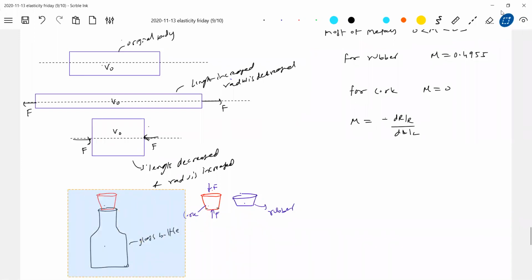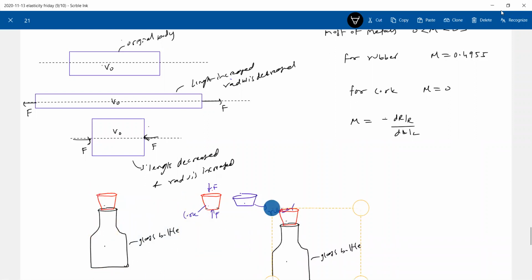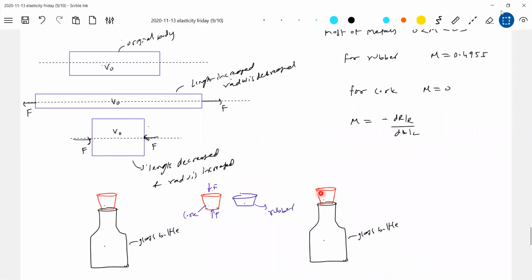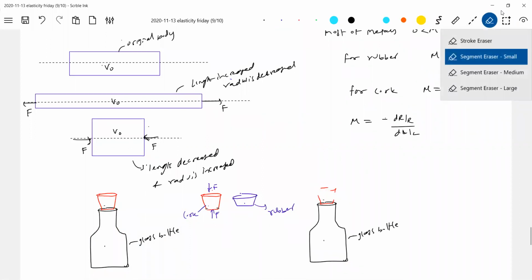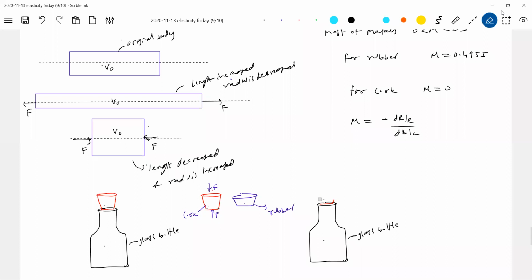I'll bring another diagram. This is a rubber, no? So what is the problem? When you just press it with a force F here, the rubber will expand and it cannot get into this one.